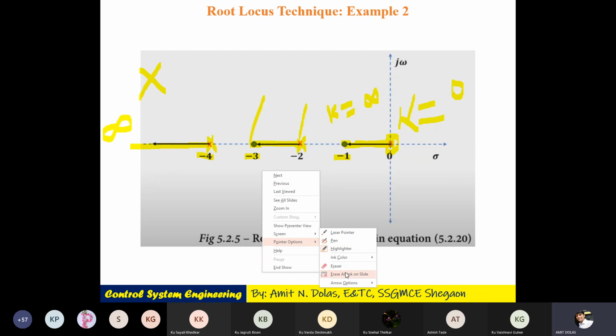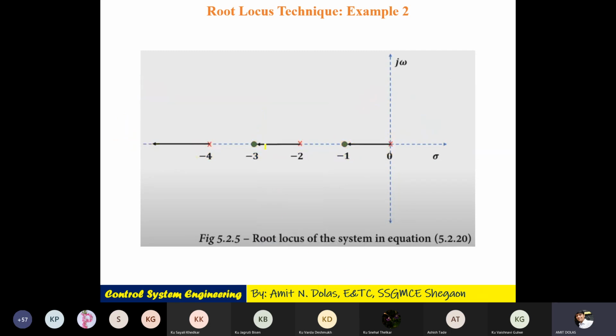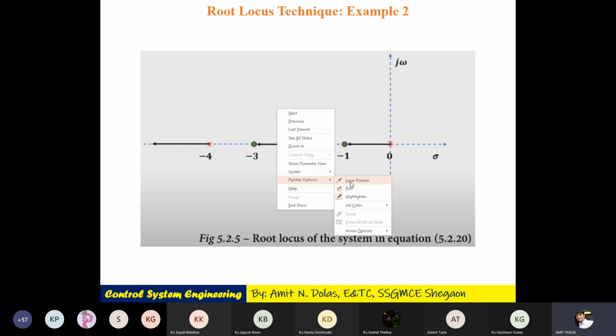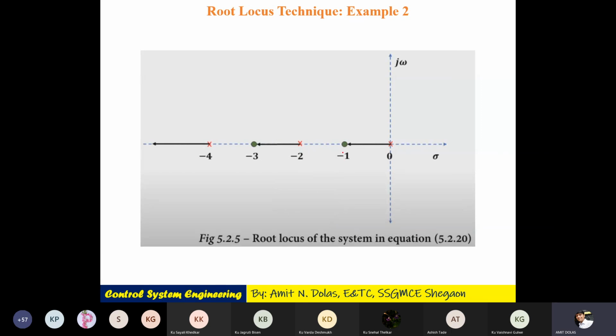Whatever we learned till now will be clear. 3 branches because the number of poles is 3. 2 branches will terminate at the zeros, that is minus 1 and minus 3, because there are 2 zeros. But one branch will terminate at infinity because the difference between poles and zeros is 1.